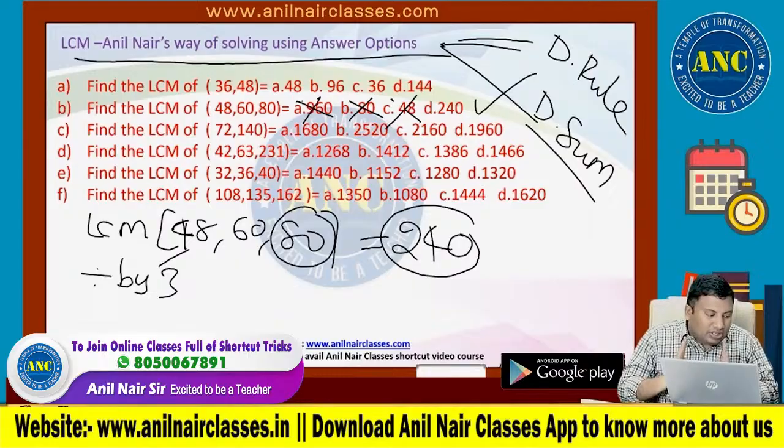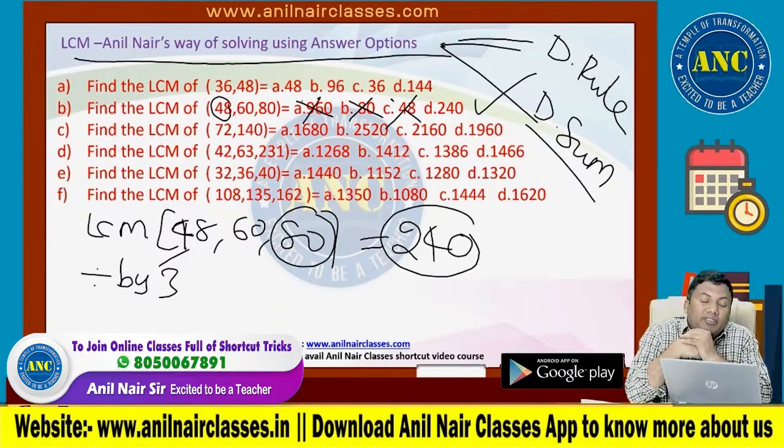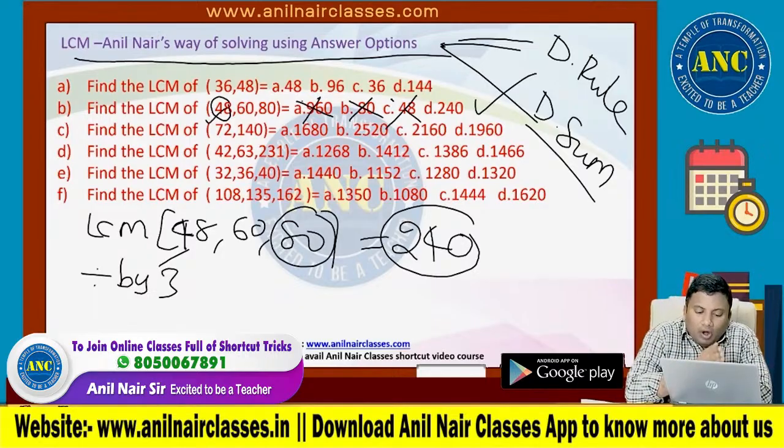48, 60 and 80. 48 is divisible by 3. If one number is divisible by 3, sir, why you took divisible by 3? No, you can also take divisible by 4. But all the options are divisible by 4, so I have not taken. 48 is divisible by 3.